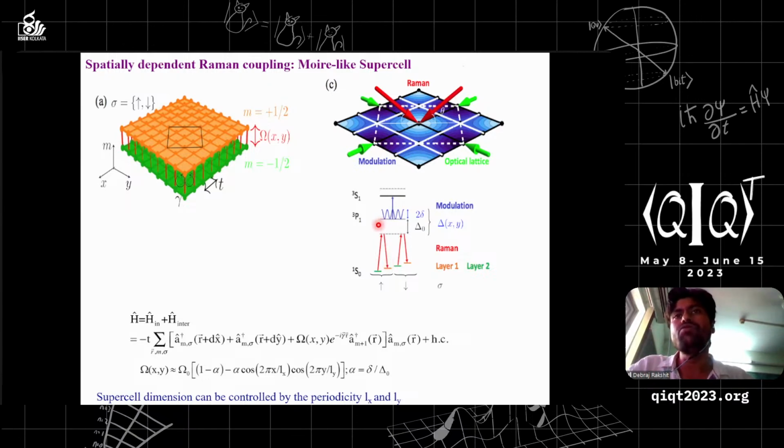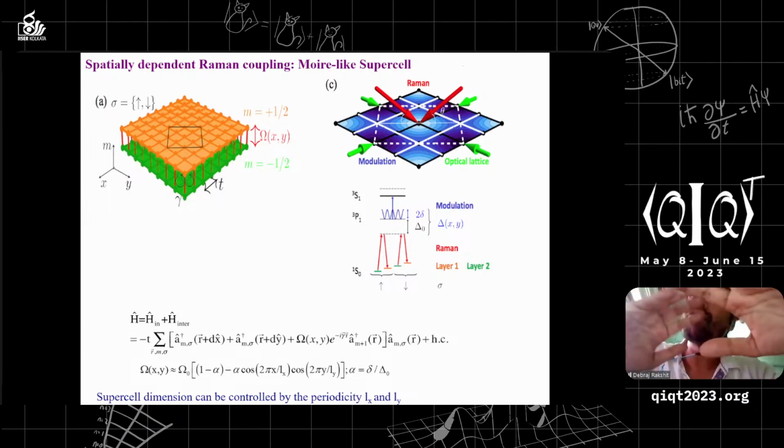So this 1S0 to 3P1 has a detuned coupling between these two states. That's like Raman coupling. Then you will see there are these green lines and this orange. These greens, you can think of as two layers. So you will need at least four internal states.